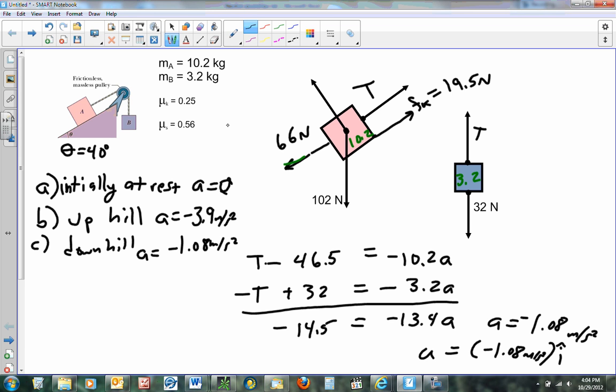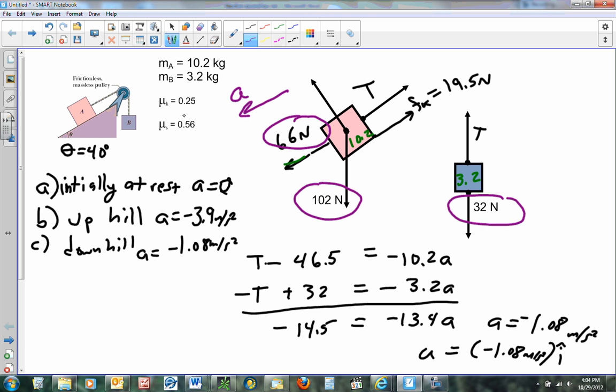The hard part about this question is they make this a small number and this a big number. So now it's kind of ambivalent. You're like, which way does it go? Well, this number right here is a big number compared to this number. So it, by nature, wants to move and accelerate in that direction.